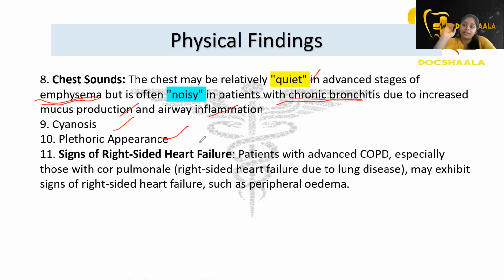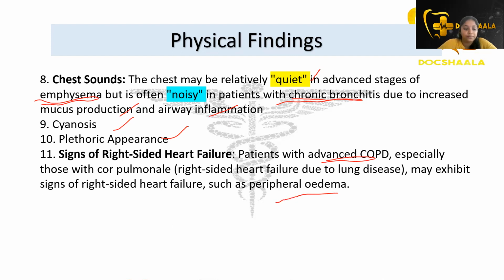Not lesions, but it appears like that. Then signs of right-sided heart failure. Patients with advanced COPD, especially those with cor pulmonale, may exhibit right-sided heart failure such as peripheral edema.